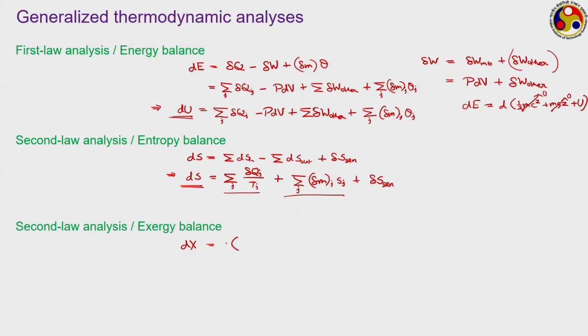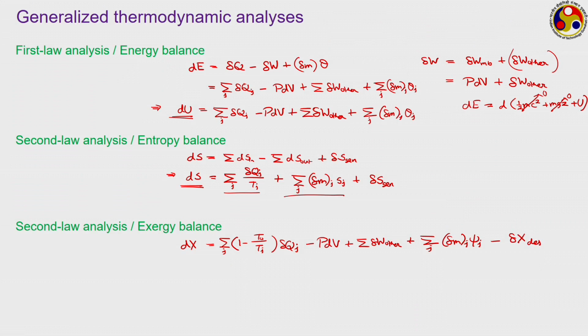With the heat we know that we should write this as 1 minus T naught upon T j times delta Q j, where T j is the temperature at which this delta Q j is supplied, plus or minus all the kinds of work interaction the system may be having, that is PdV plus summation of the other kinds of work interaction, plus all possible kinds of mass interaction delta m j psi j, minus the exergy destruction, which is again dependent on the process. Now, what is the expression for this psi?